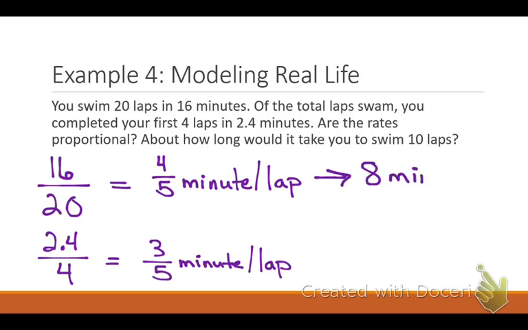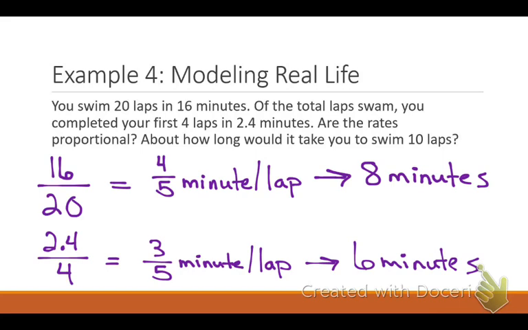You just multiply them. So worst case scenario, if you're going at the speed of when you're the most tired, it would take you 8 minutes. If you're going your fastest speed, it would take 6 minutes. So because 10 is kind of in the middle, it's probably going to take you about 7 minutes to do 10 laps, but you're basically guessing at this point.